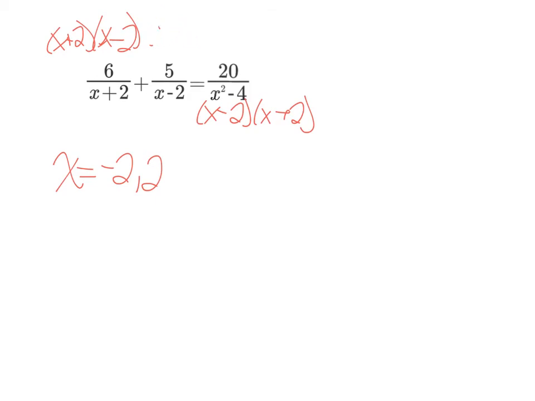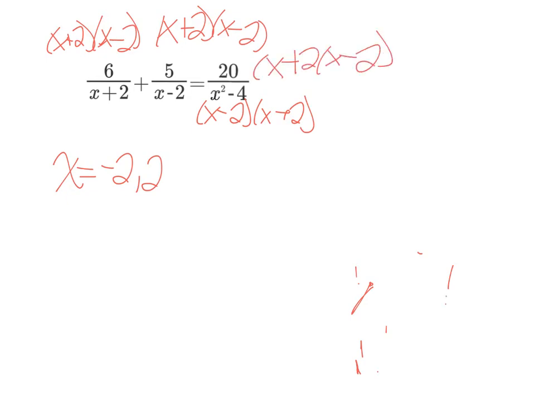Let's make that semi-legible. My pen doesn't want to work. x plus 2, x minus 2, and then this last one, x plus 2 and x minus 2. It's not cooperating with me today.